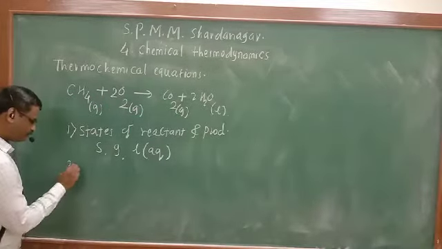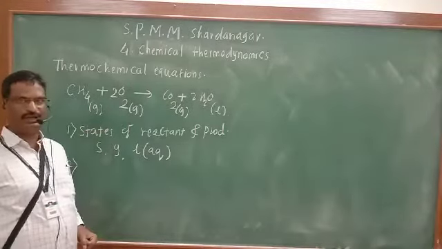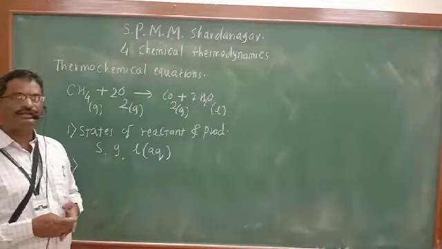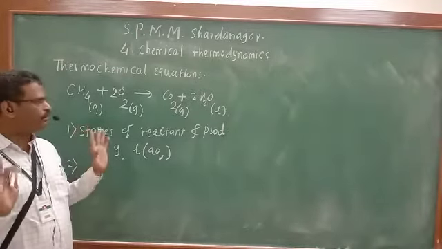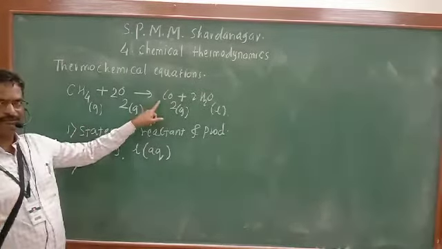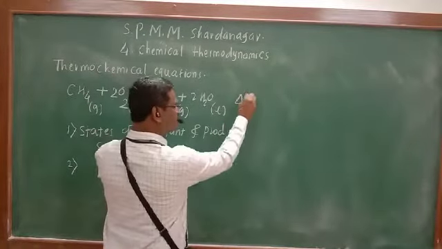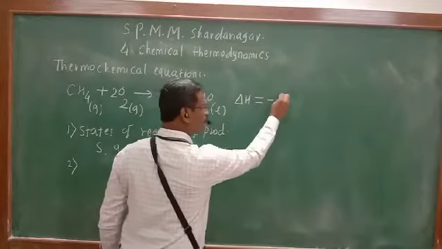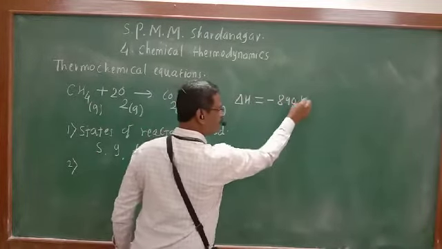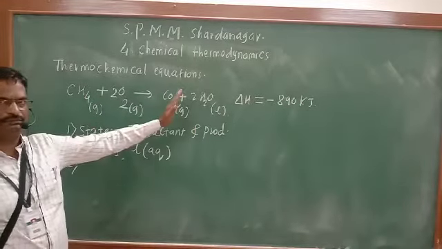Now secondly, if we see this forward reaction, can we come to know whether this reaction is endothermic or exothermic? No, it is not known from this reaction. But if I write over here like this, for this reaction delta H will be equal to minus 890 kilojoule for the forward reaction.